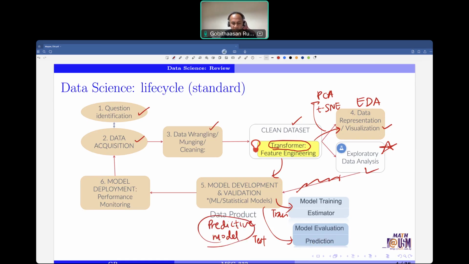In fact, you can then provide a service, for example, to predict something via the web, where users would be able to log in, use the predictive model, put a sample or an observation into your model, and then get a prediction.